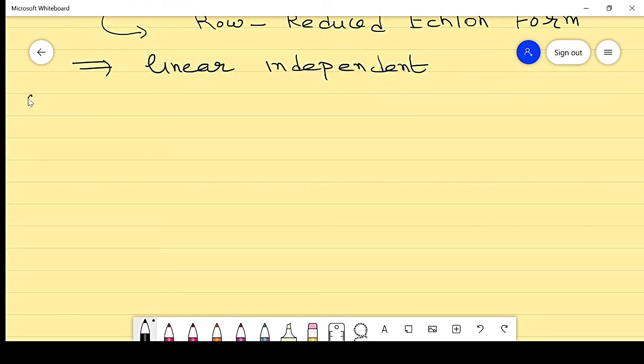So next question, next type. Examine the linear independence or dependence of the rows of a matrix. That we already used in this way.